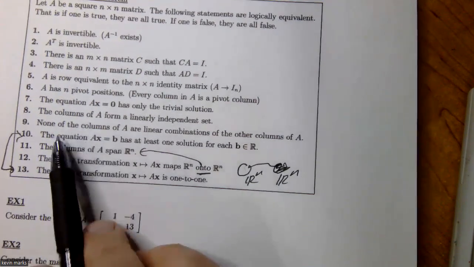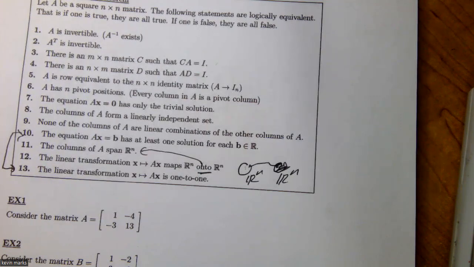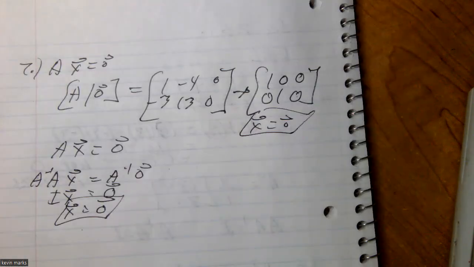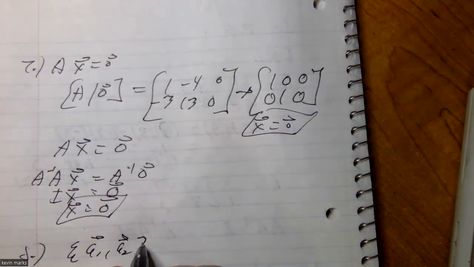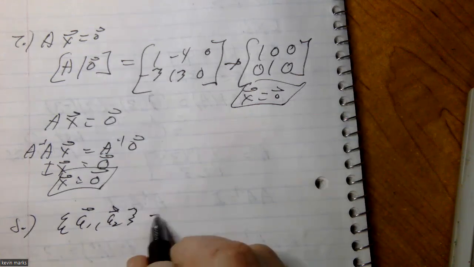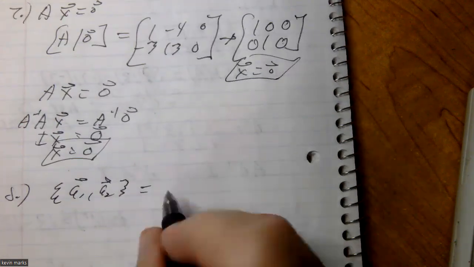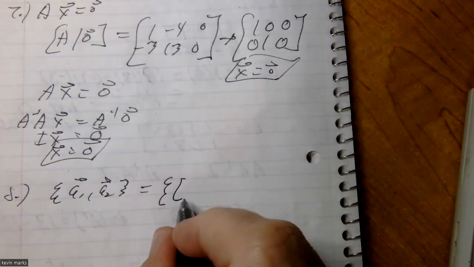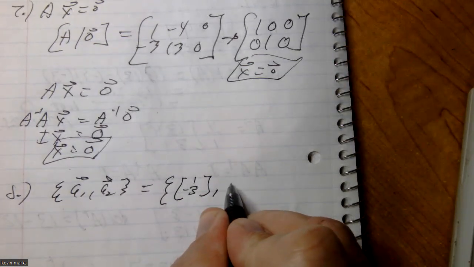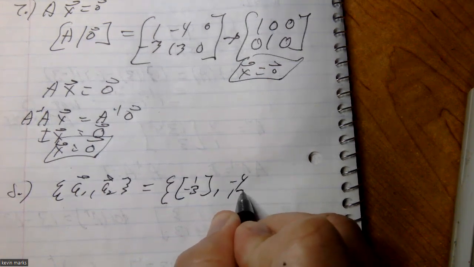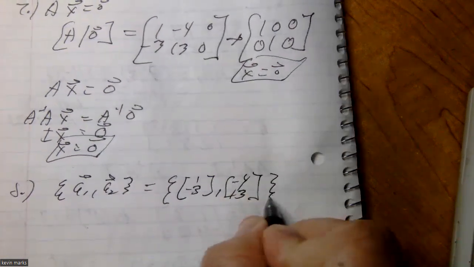Okay. The columns of A form a linearly independent set. Well, duh, right? So the point here is, if I think of this set A1, A2, right? So really it's this collection of vectors, namely the vector 1, -3, and what was it, -4, 13, right?